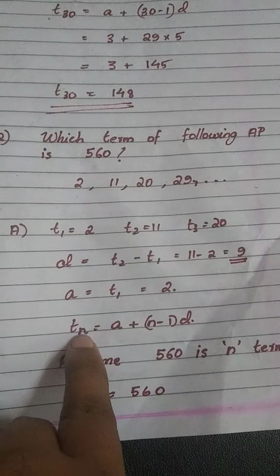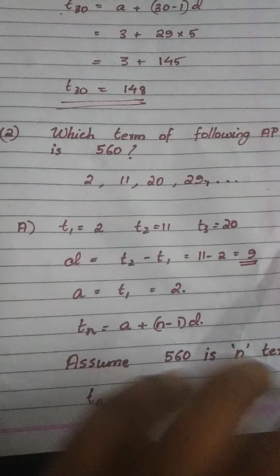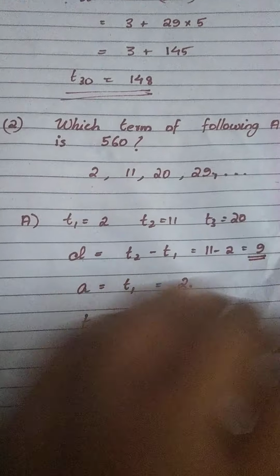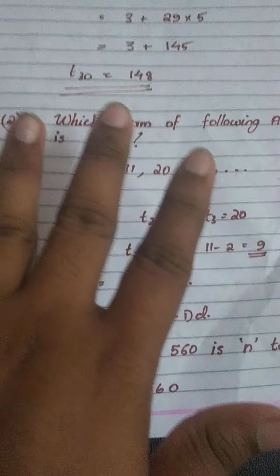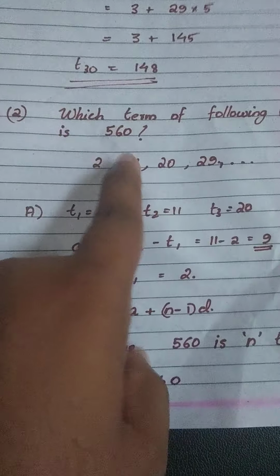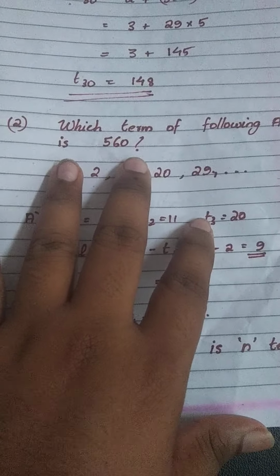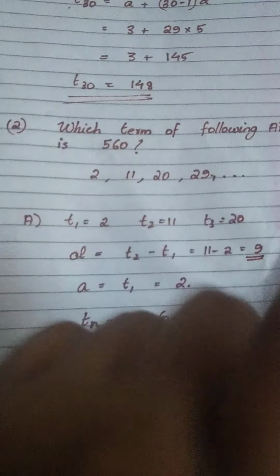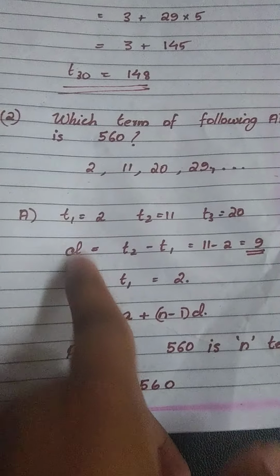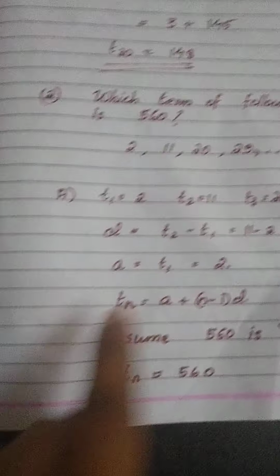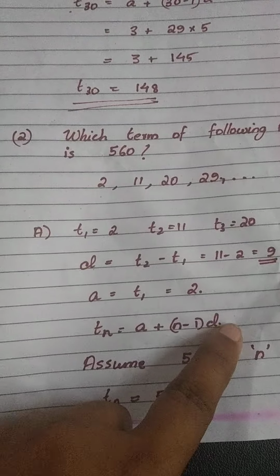Now you know the equation, Tn is equal to a plus n minus 1 into d. Make sure that you find a and d from the arithmetic progression given.